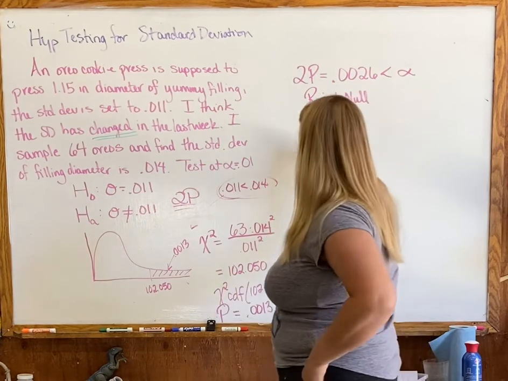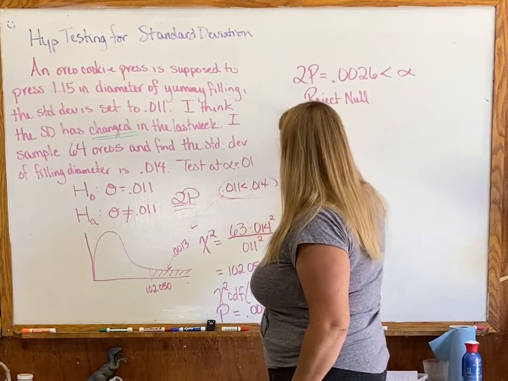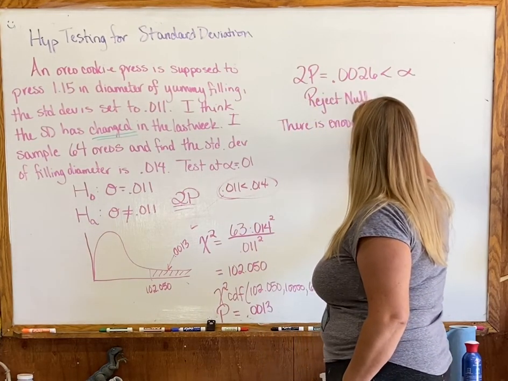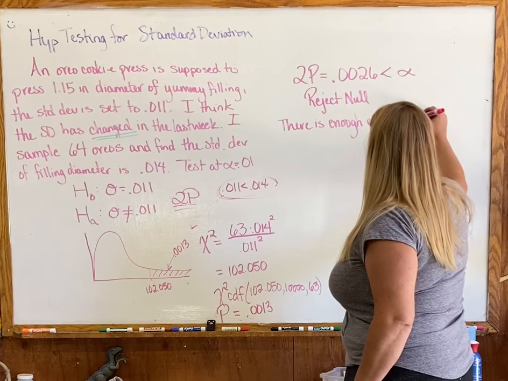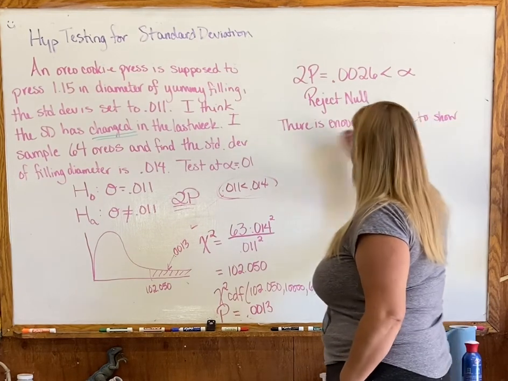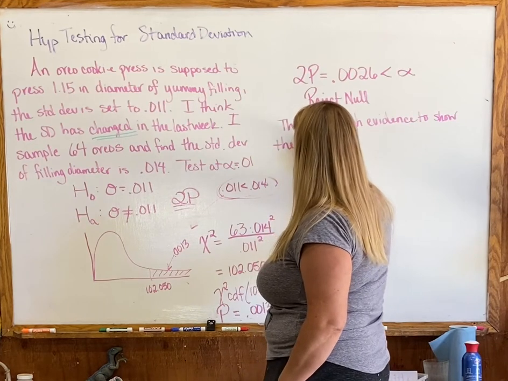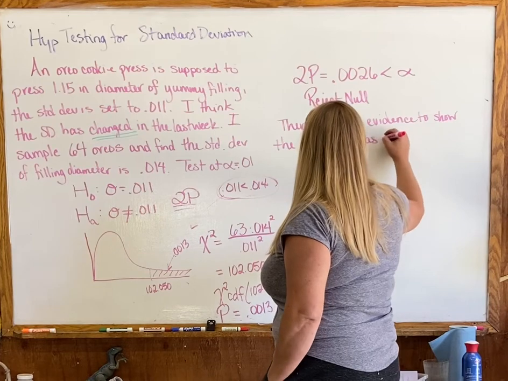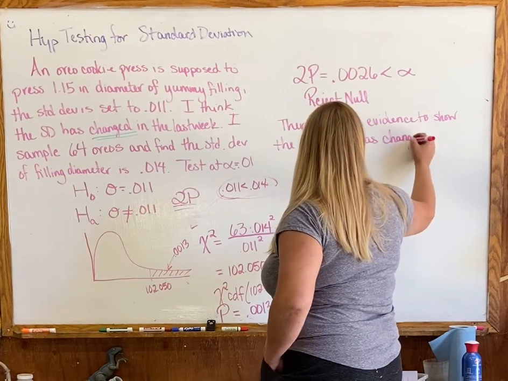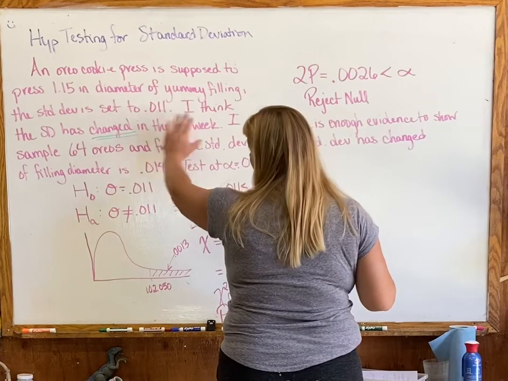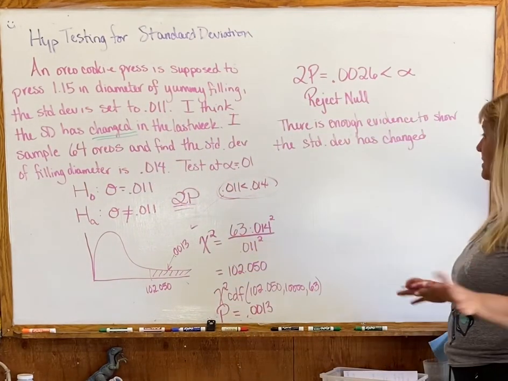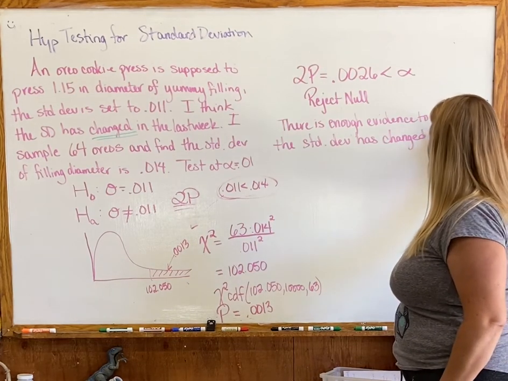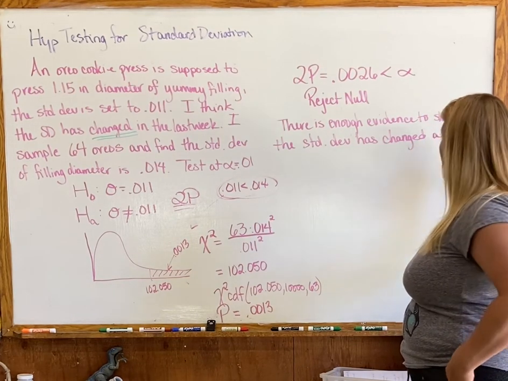So now we can say there is enough evidence to show the standard deviation has changed. Remember, that's all that I stated here, so that's all we can state back. We can say there is enough evidence to say that the standard deviation has changed, at alpha equal 0.01.